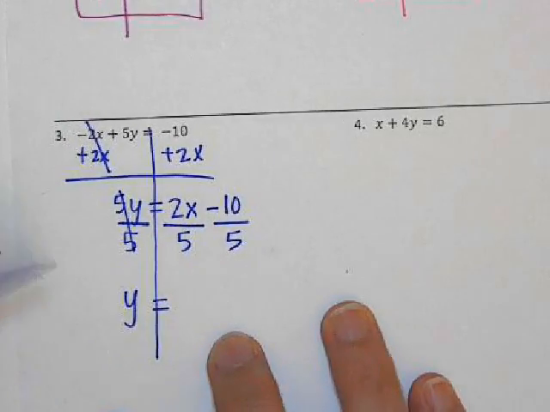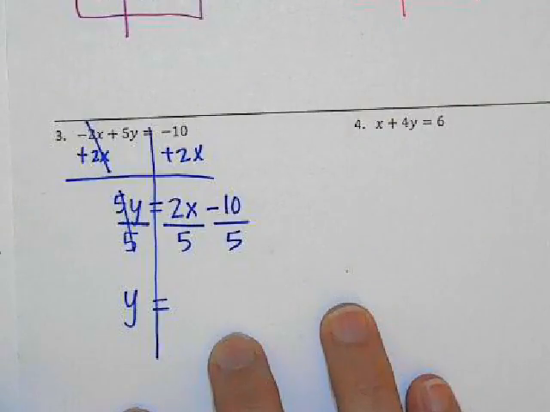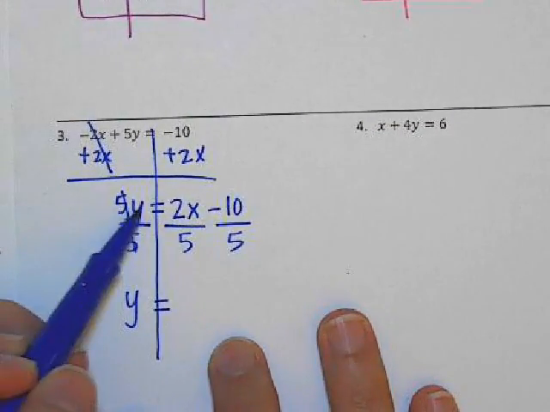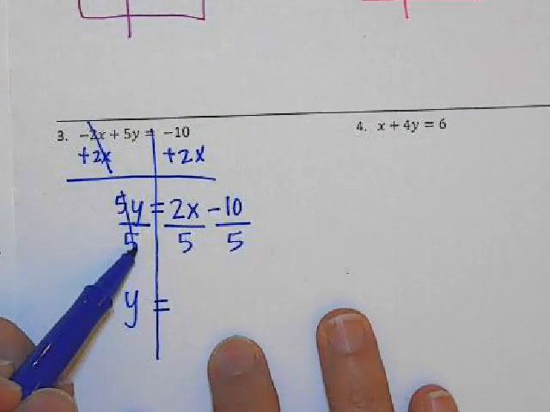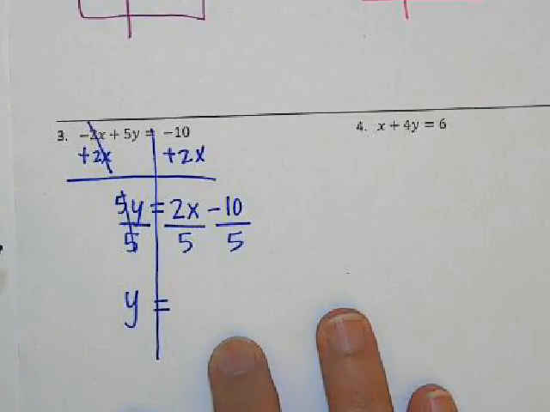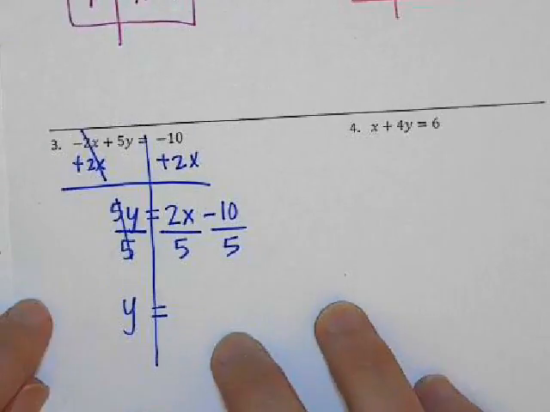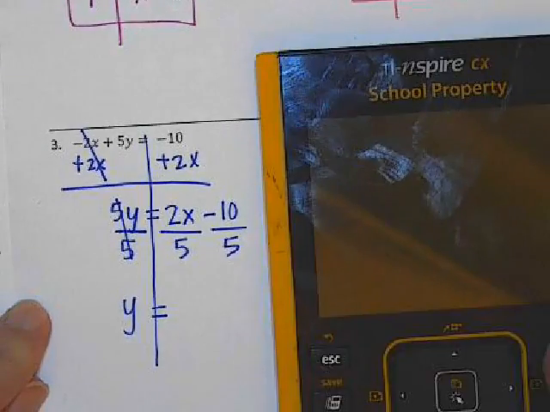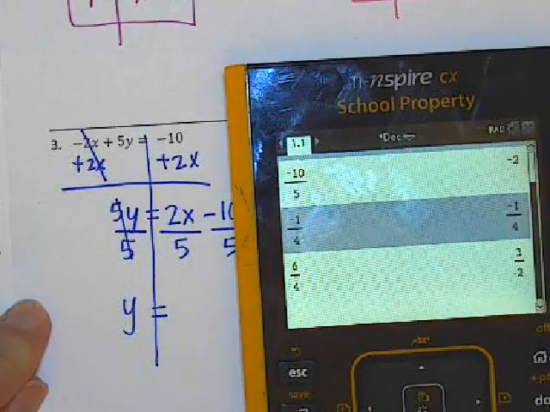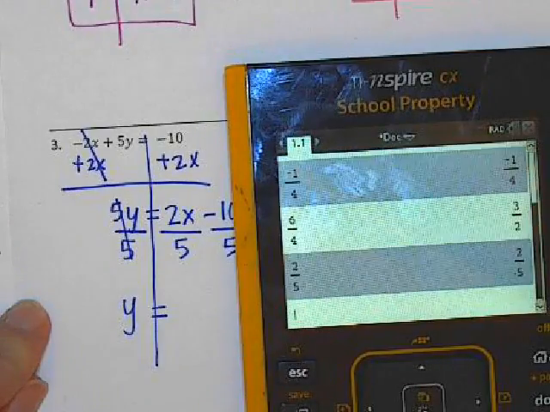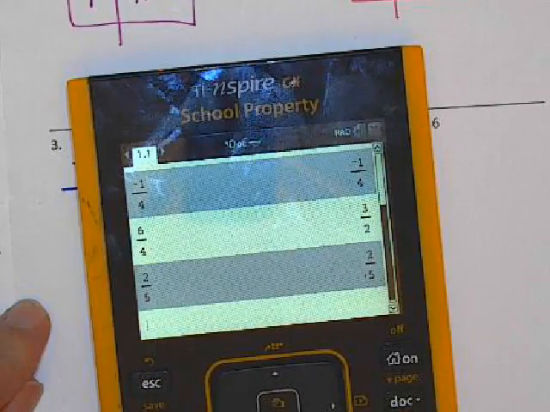Wouldn't you be subtracting the 5? No, because these are multiplying. So I have to divide. If it was 5 plus y, then I would subtract, but it's not. Okay, 2 divided by 5 gives me 2 over 5.